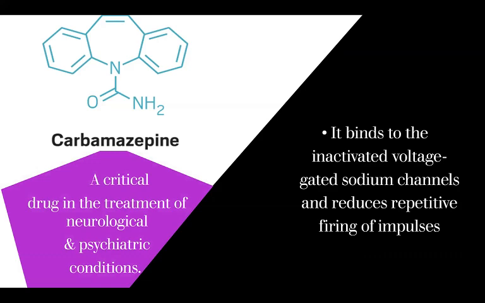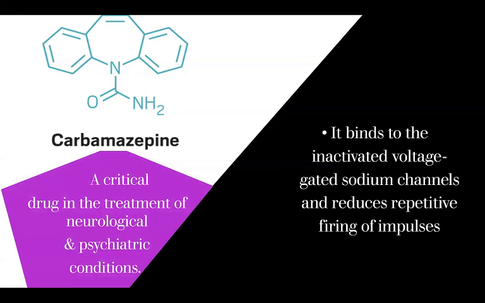Now, carbamazepine binds to the inactivated state of the voltage-gated sodium channels and reduces repeated firing of impulses in the brain. And so by reducing that repeated firing, the seizures that the person would experience are reduced.